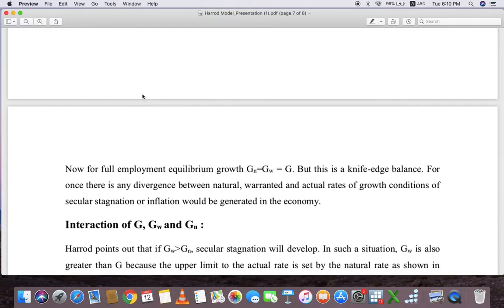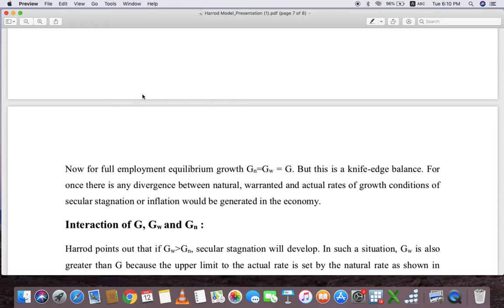For once there is any divergence between natural, warranted and actual rates of growth, conditions of secular stagnation or inflation would be generated in the economy.